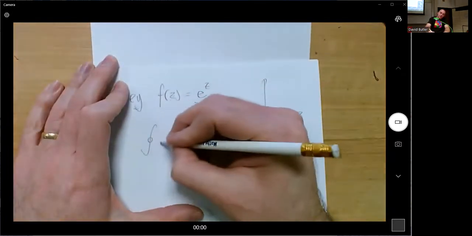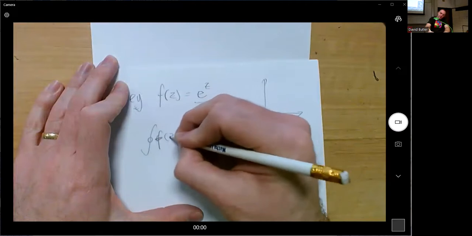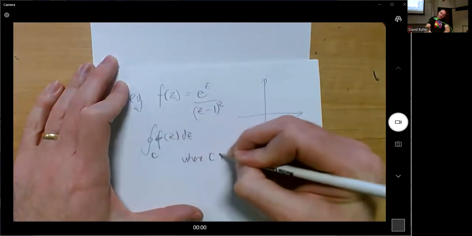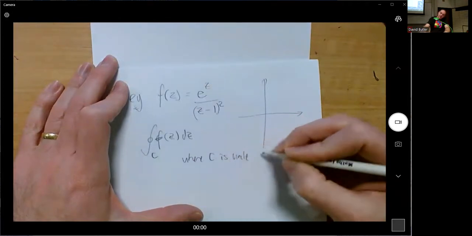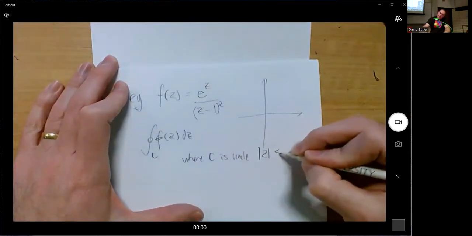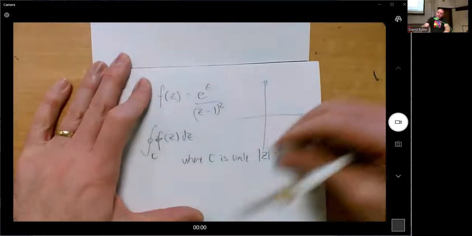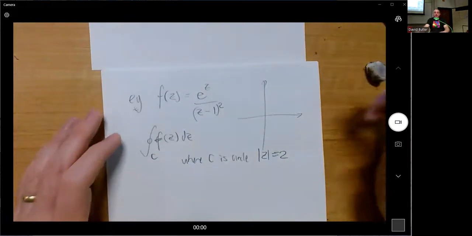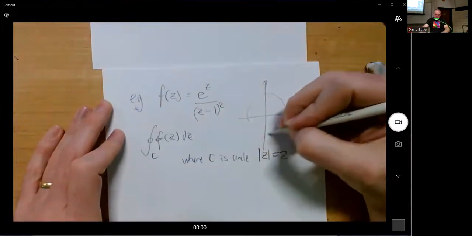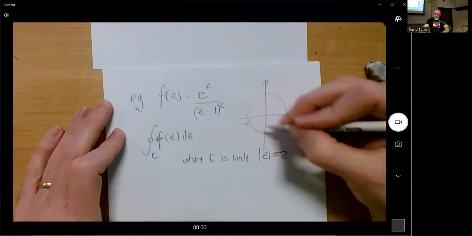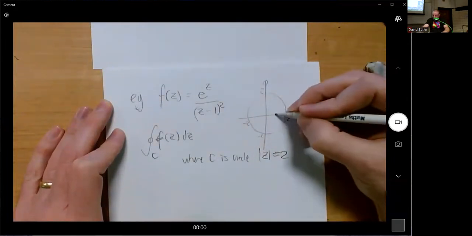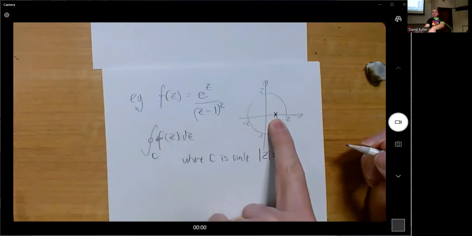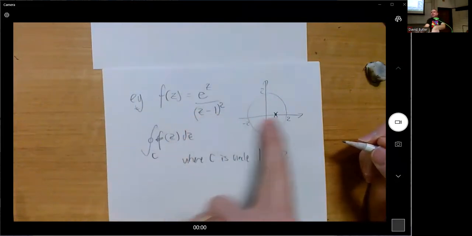And I wanted the integral of f of z dz around C, where C is the circle, the length of z is equal to 2, right? That's my problem. And so here is C, and here is 1, which is a pole, because the function isn't defined when z is equal to 1.